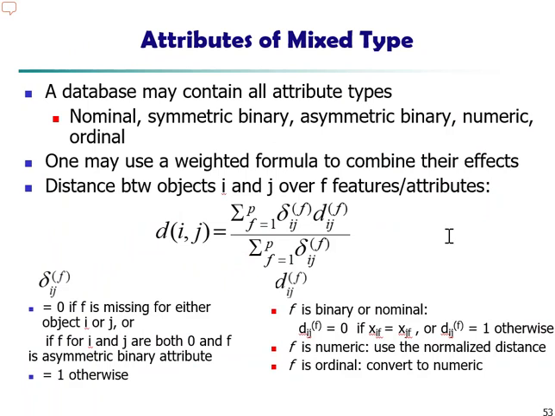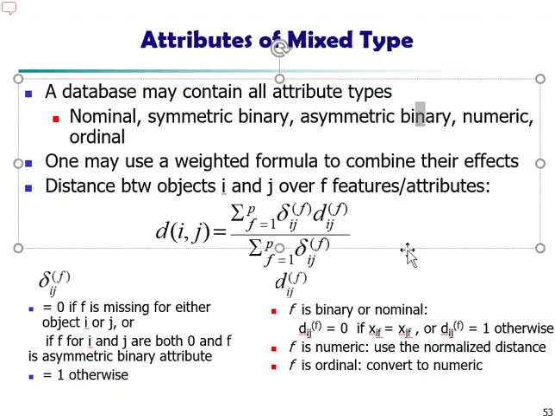So we have covered all 4 types. Ratio data is treated the same as numerical data. Using Euclidean distance, Manhattan distance, or Minkowski distance, in general, we can compute the proximity between 2 observations. So now we come back to the question: when we have a real data set, we're bound to have mixed attribute types.